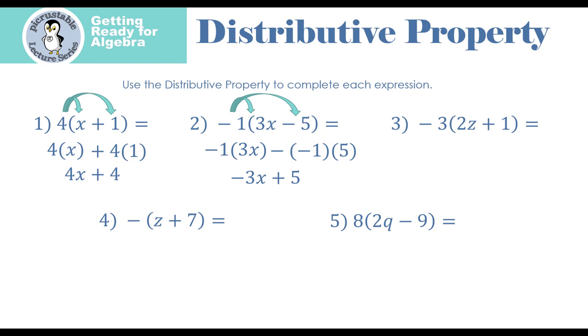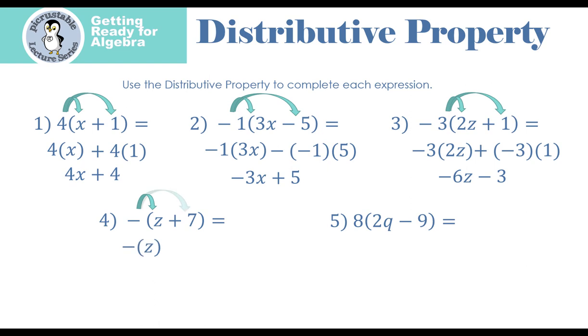All right, let's see how you did. I'm going to take negative 3 times 2z and then negative 3 times 1. That gives us negative 6z minus 3. For number 4, we just have a negative. Well, that's the same thing as a negative 1, like we did in number 2. A negative times z, then a negative times 7 is negative z minus 7.